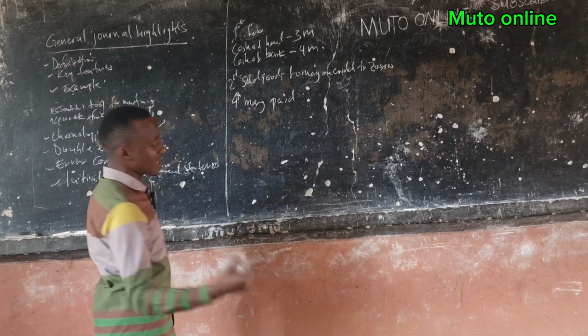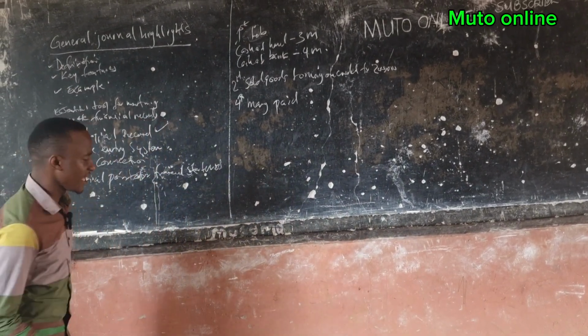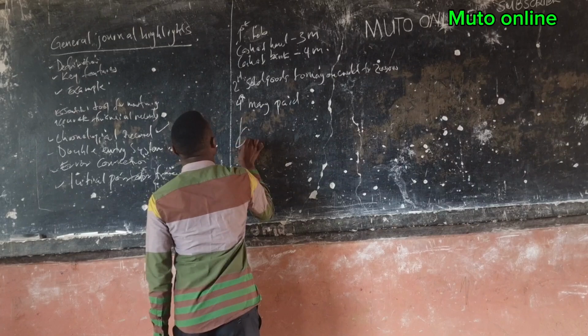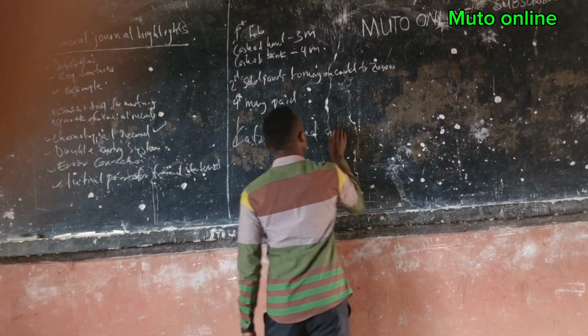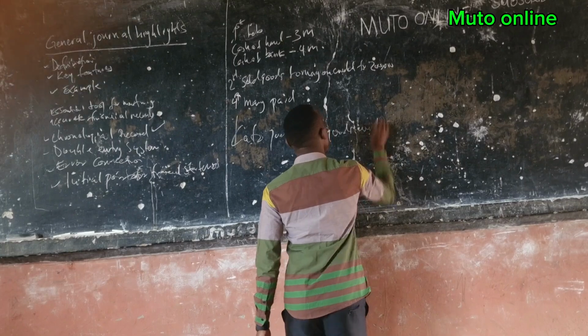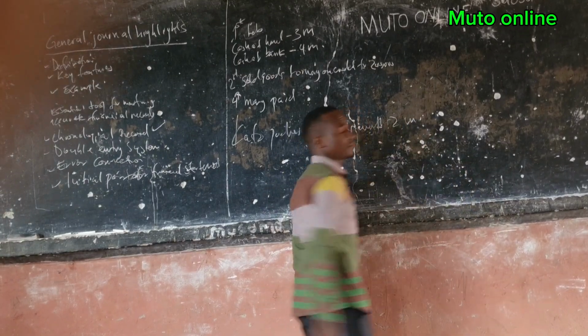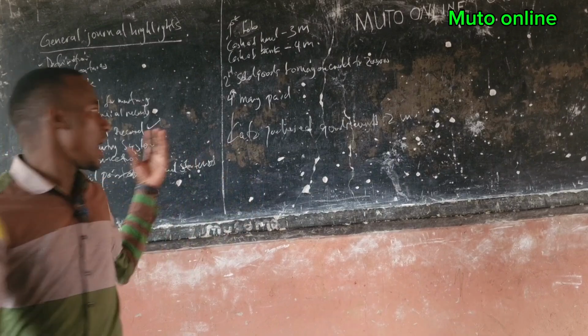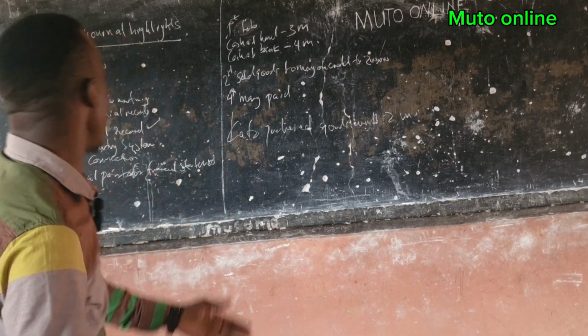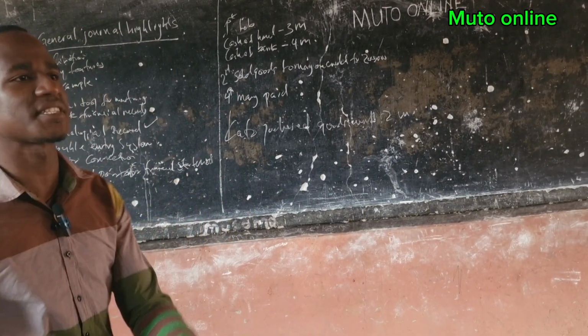For example, let's say Kato purchased goods worth 2M. In such a question, I'm just giving a brief summary of what a general journal is in relation to a double entry system.